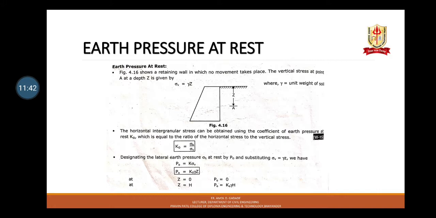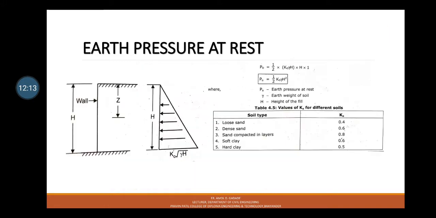The vertical stress at point A at depth Z is given by rho V equal to gamma Z, where gamma is the unit weight of soil and Z is the depth of the point A. So by putting the values Z equal to 0 and Z equal to H, the whole depth of the retaining wall, we can get two values of pressure: 0 and K0 gamma H. By this we can draw a pressure diagram.